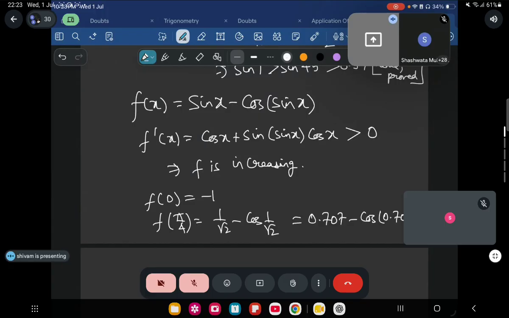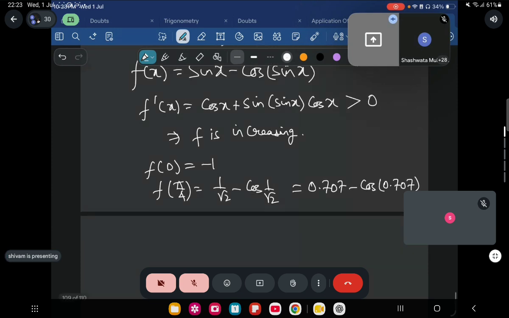Now this value is greater than 0 or less than 0? Tell me. Less than 0. This is less than 0.